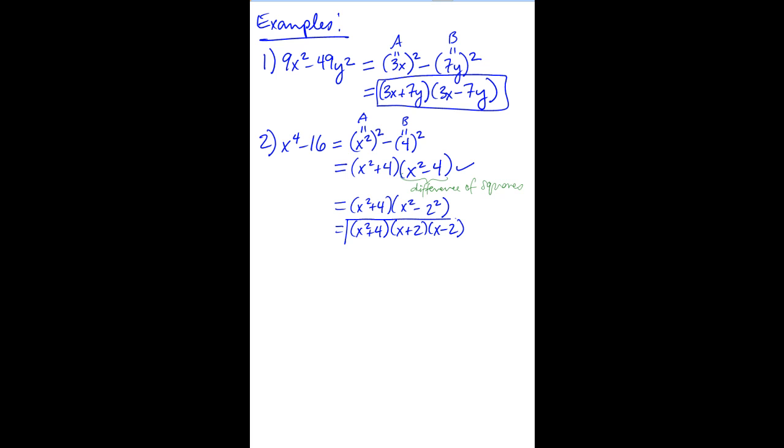And now we've really factored it. We've used the difference of squares 2 times. So notice that's a key thing here. Even though this doesn't look like a square, this can be rewritten as a square. And that's what's important, even though it doesn't look like it initially.